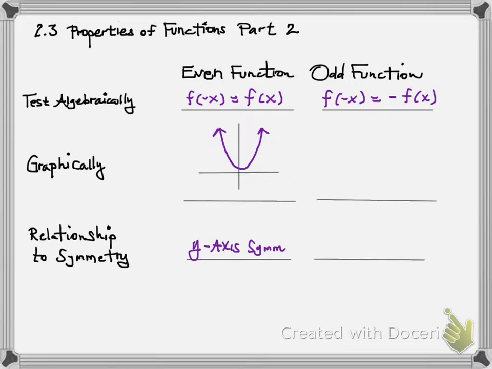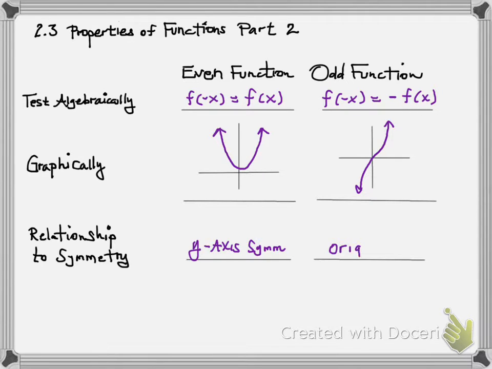Now, you're going to have an odd function if f of negative x equals negative f of x, but this time, all right, this time I'm going to get my x and y axes kind of like right in the middle. And if our graph kind of looks like the x cubed function, something like this. In fact, this has origin symmetry.